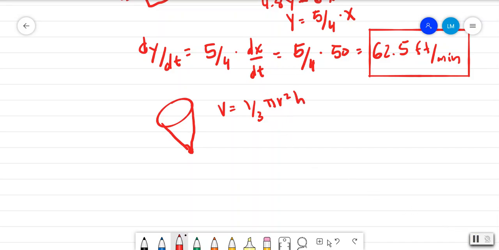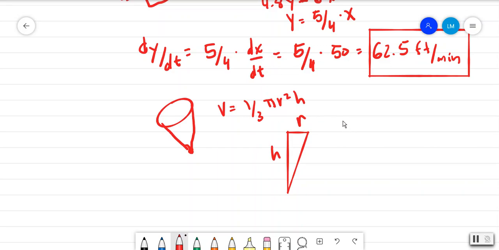Usually whenever you deal with problems that have a cone, you have to consider the cross section. So if this is the cross section of the cone, then this is the height or the depth of the cone, and this is the radius.